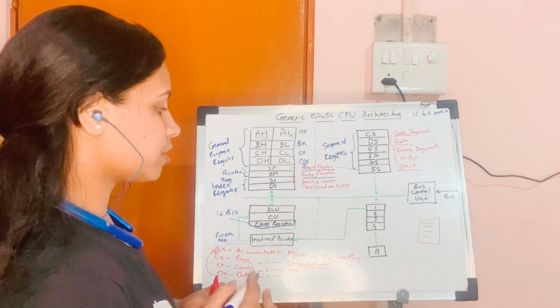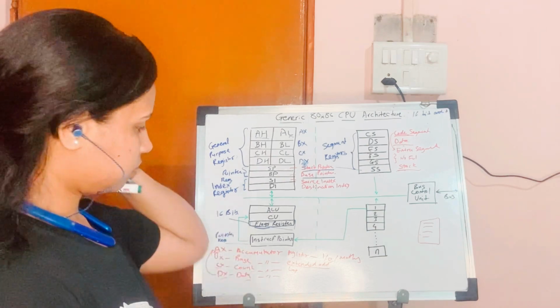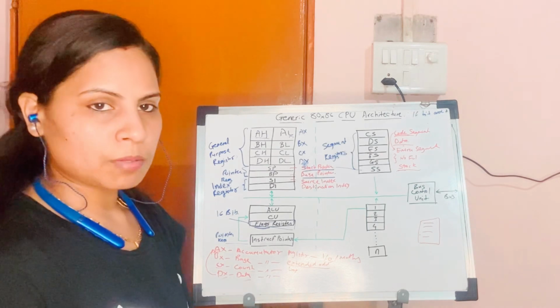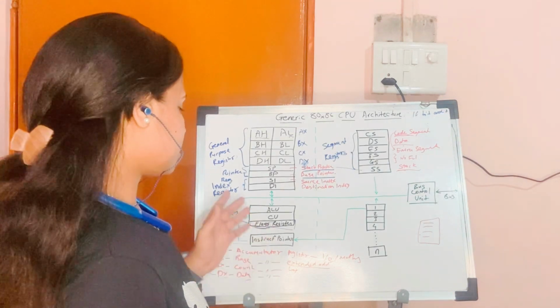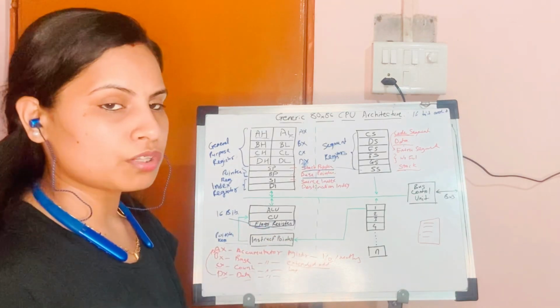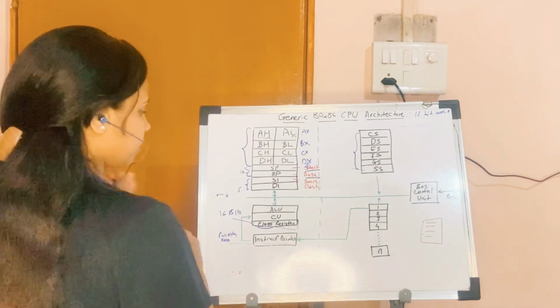There are various flags present in the flags register. Maybe we can go through the flags register some other time, and just understand that flags register is for the status symbol of the CPU.